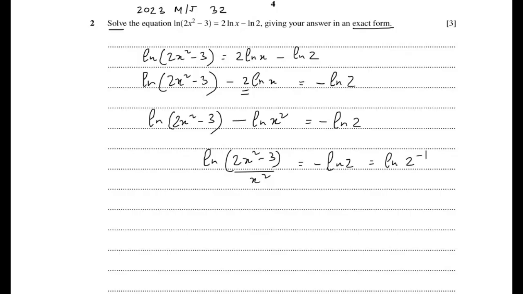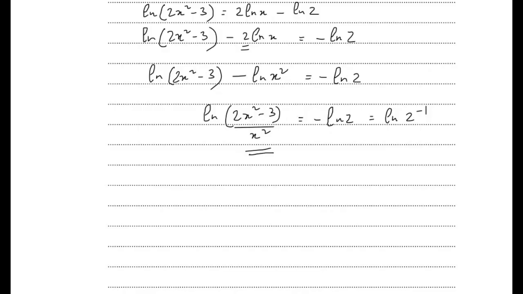What we have here is a single log on the left and a single log on the right. So we know that if log of m is equal to log of n, then m must be equal to n. So 2x squared minus 3 over x squared is equal to 2 to the power of minus 1. 2 to the power of minus 1 can also be written as 1 by 2.